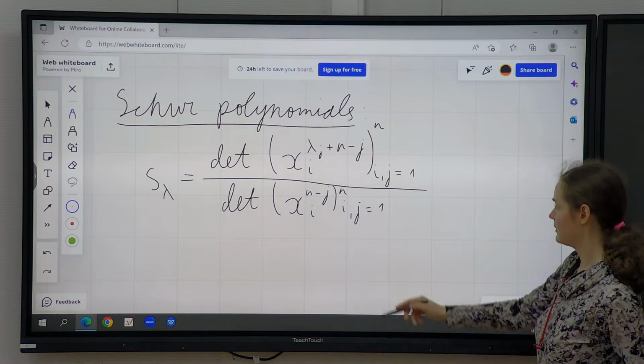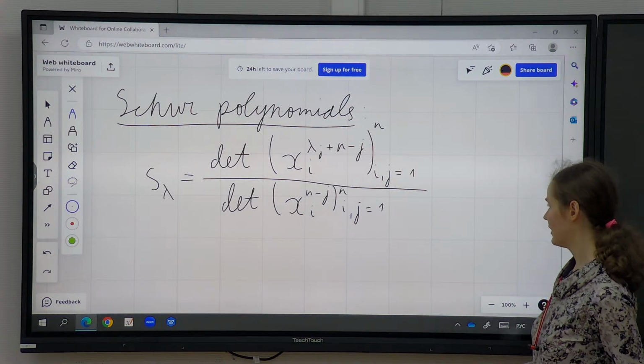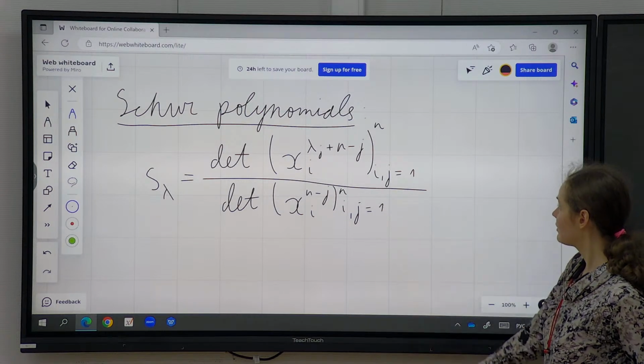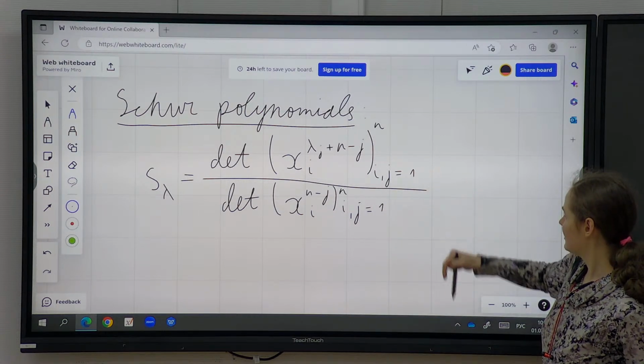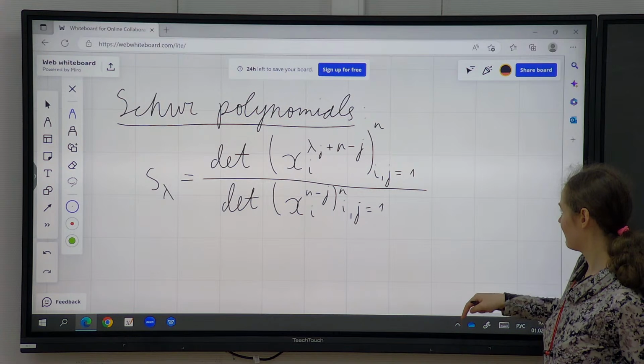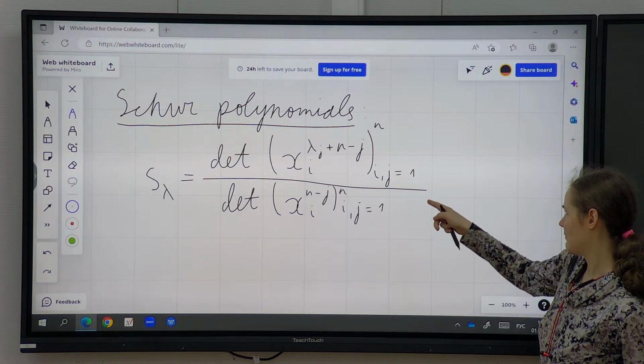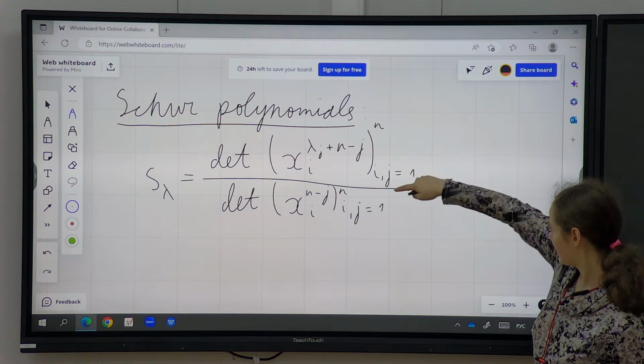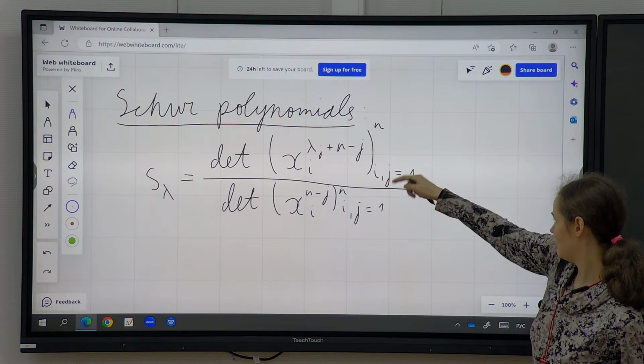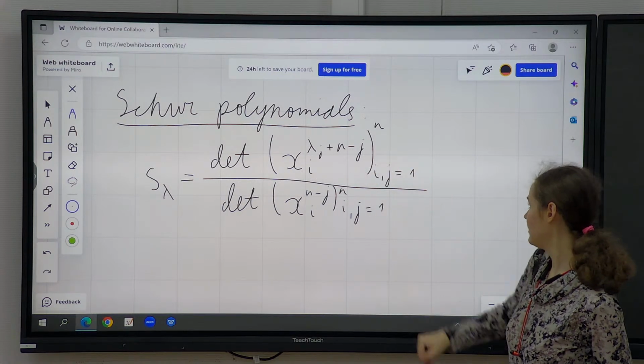In the denominator, we have just the Vandermonde determinant, and in the numerator, we have some determinant that consists of powers of variables.